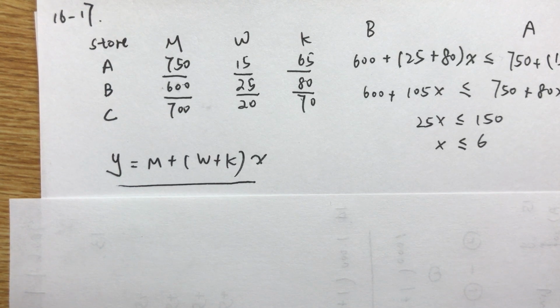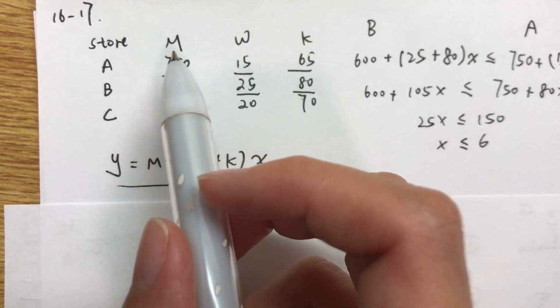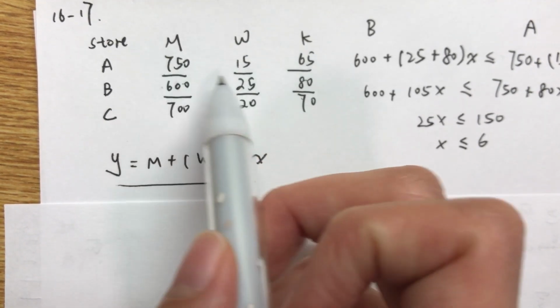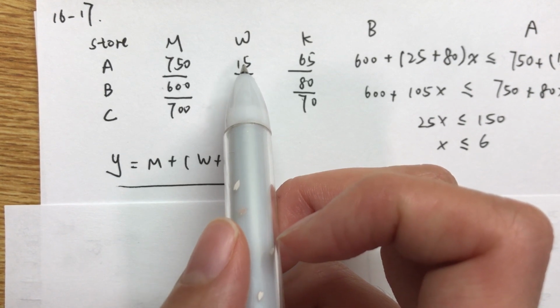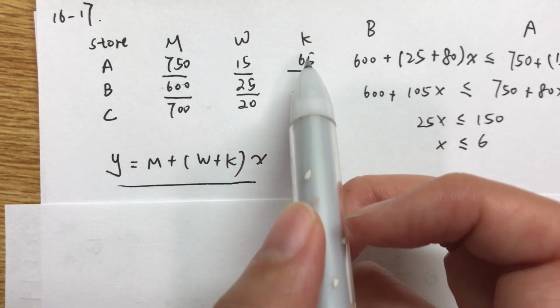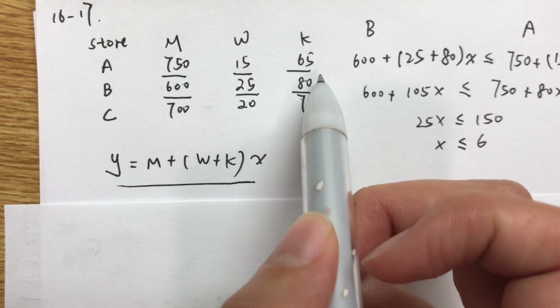The table below shows the materials cost and daily rental cost for 3 different stores. So we have the table here. M stands for the material cost. W stands for the rental cost of wheelbarrow. And K stands for the rental cost of concrete mixer.